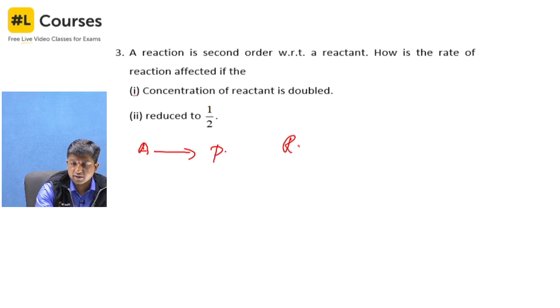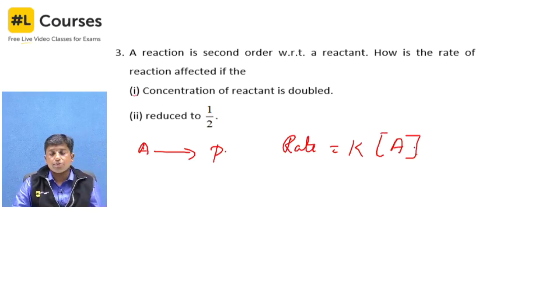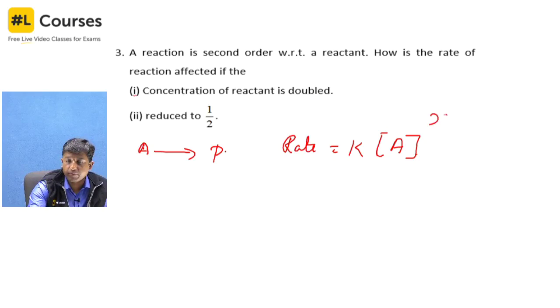So we know that with respect to A, rate will be equal to K into concentration of A. Students, let the concentration of A be raised to a suitable power X, where X is the order of reaction. Now they have given the order of reaction, that is X, we can equate this to 2.